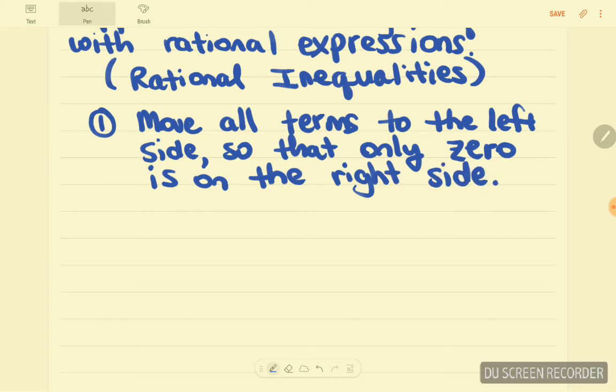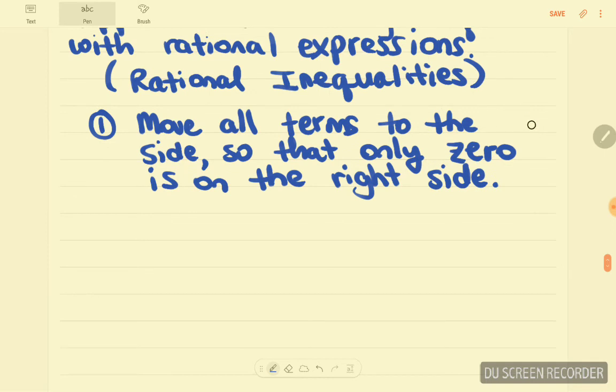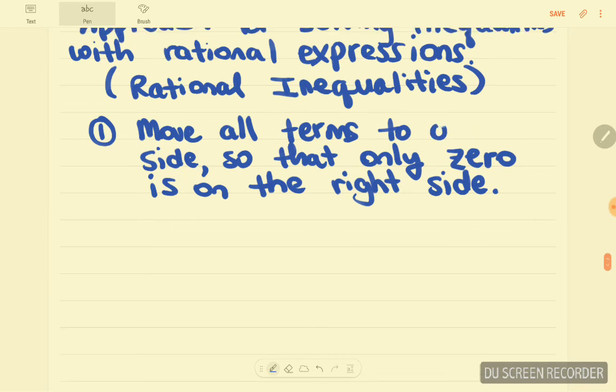Now, to be honest, you don't have to move them to the left. You could just say to one side, and then instead of saying have 0 on the right side, you could just say on the other side. Because it really doesn't matter which side you move all your terms to, just as long as all the terms are moved to one side and then 0 is on the other side.